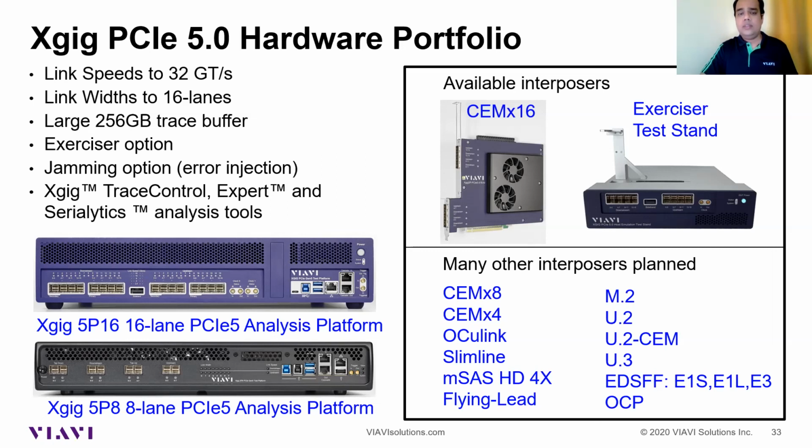Both the by 16 and the by 8 lane width hardware are backward compatible; that is, they support all the lower lane widths and the older generations of the protocols. On the right-hand side, you'll see the by 16 CEM interposer and a test stand for compliance. We also have interposers in other form factors like by 8 CEM interposer, by 4 CEM interposer, M.2, U.2, U.3, as listed in the presentation.